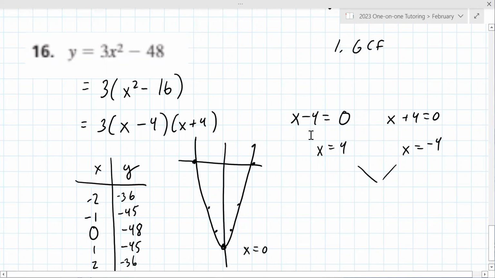So then the domain equals all real numbers. Yes, always all real numbers in these. Not much to change on those. And then the range is y is greater than or equal to negative 48. Yes. And then the x-intercepts are (4, 0) and (negative 4, 0).